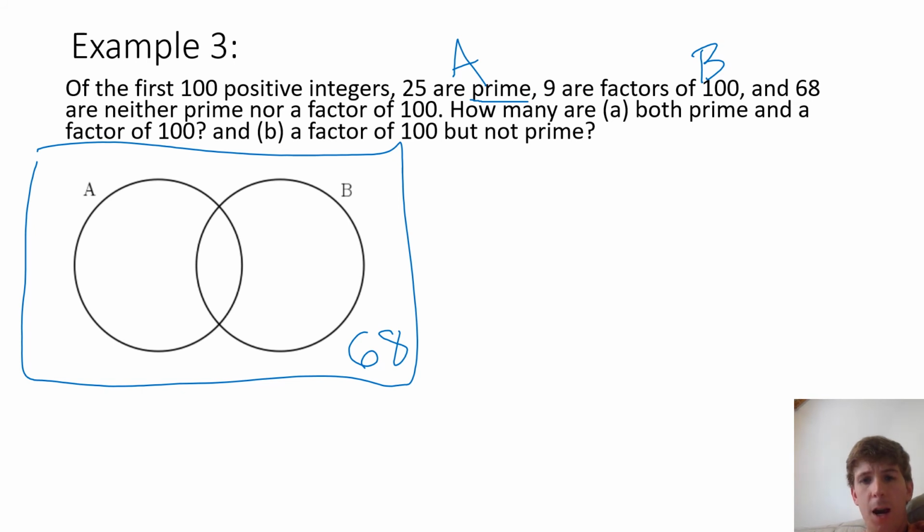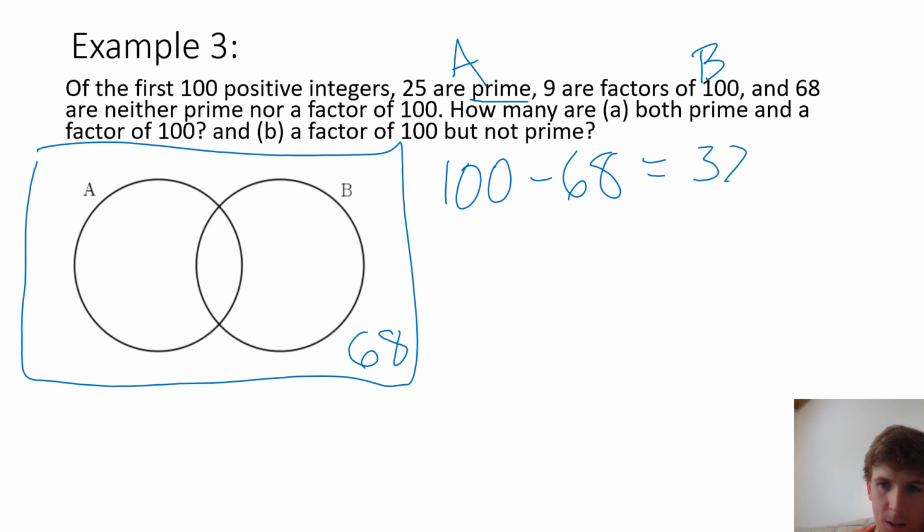So let's figure out part A, how many are both prime and a factor of 100. That'll give us this overlap here. The way we can do that is, I know there's 100 total, and I know there's 68 that are neither. So 100 minus 68, that's 32. And that 32 is going to be the total number in the Venn diagram.